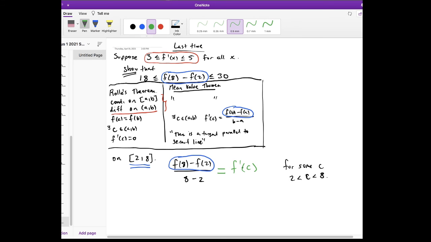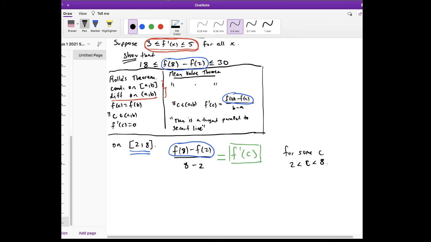But read f prime, right? f prime is the derivative of f. And we know that derivatives of this f are in between 3 and 5. So whatever f prime of c is, we know it's equal to f of 8 minus f of 2 over 8 minus 2. And we also know it's in between 3 and 5.